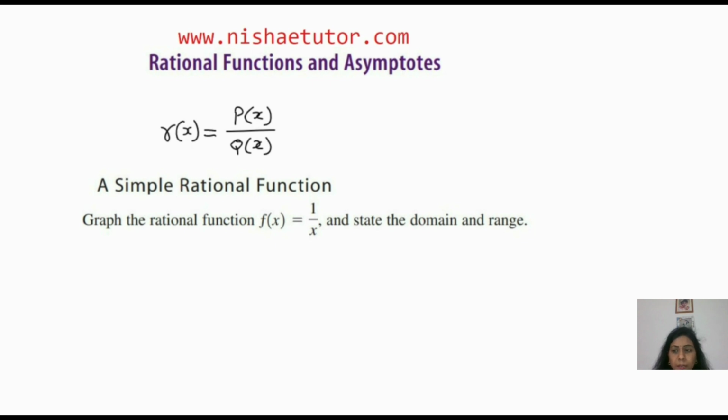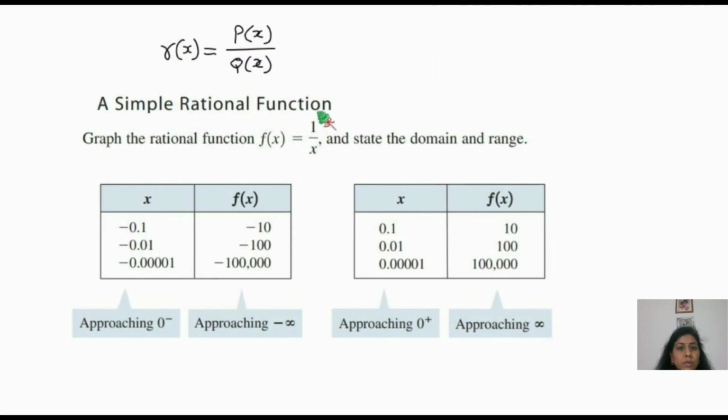1 upon x. In this rational function, f(x) is equal to 1 upon x. Here x can't be 0 because if x is equal to 0, this function f(x) is not defined. So we approach 0 from the left side and right side. We get larger values in negative and in positive.